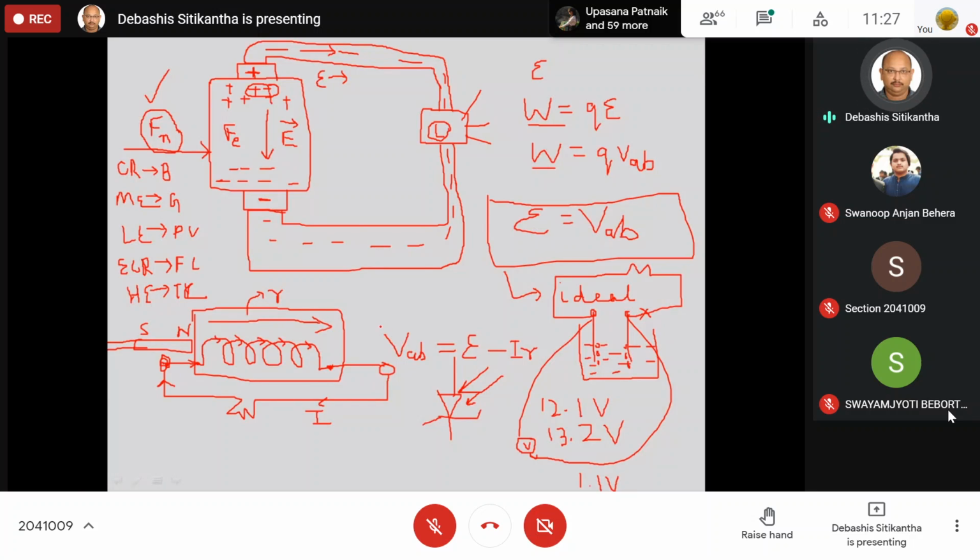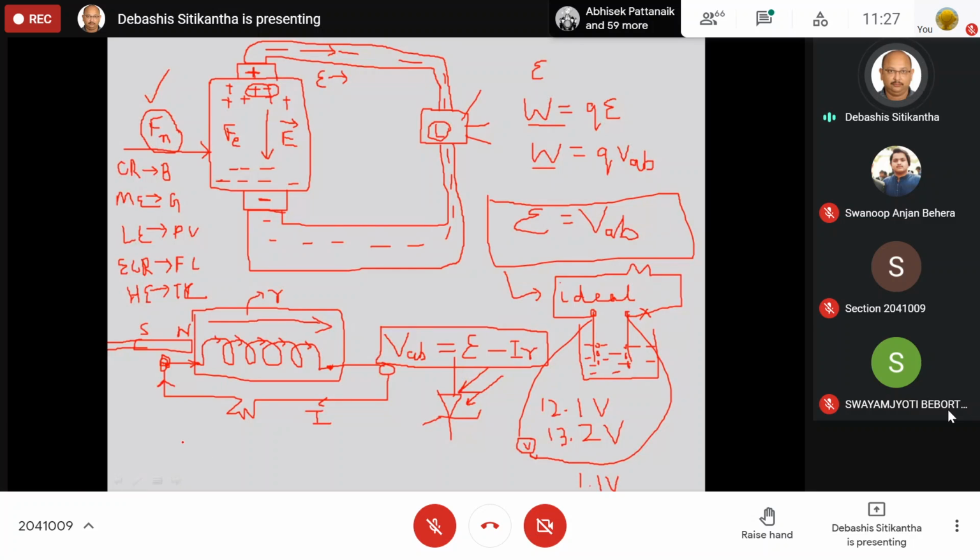So ultimately we can say that in case of an ideal source, whatever EMF is generated is always equal to the potential difference across the terminals of the EMF source. Whereas in case of a practical EMF source, the potential difference available across the two terminals is actually less than what is generated. Why? Because there is a drop in the internal resistance.